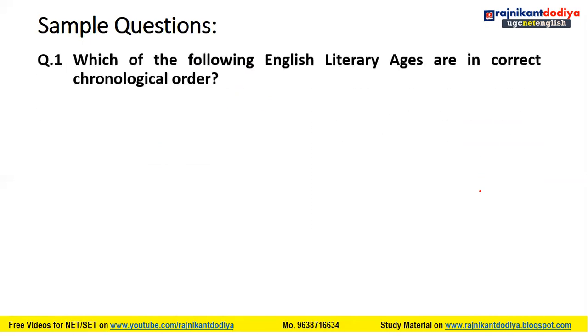Now we have some sample questions for you, and in these sample questions you will find many varieties of questions which can be asked, which are asked in UGC NET exams. The paper setters of UGC NET or SET or any other exams keep such points in mind.